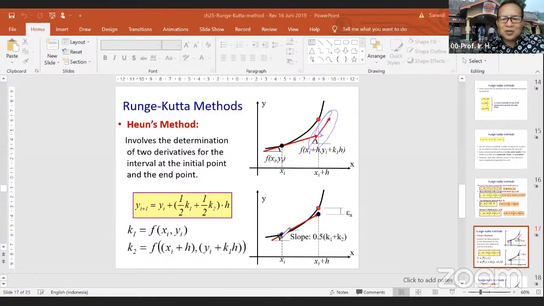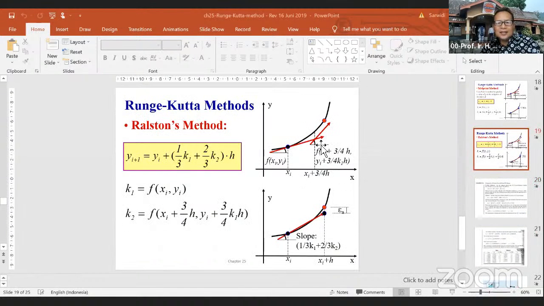As before we had only this one, now we have a correction here. So the error before, which was this one, becomes smaller because there is a correction of the slope of this tangent line.